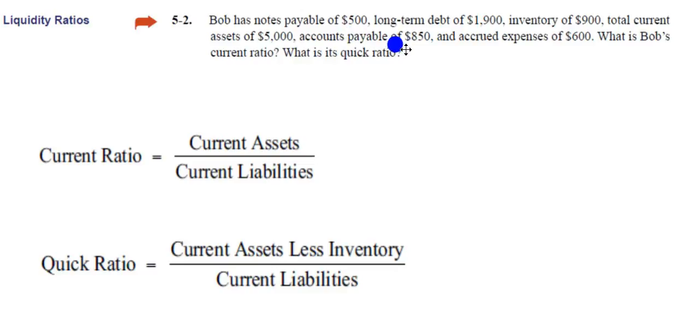So $500 plus $850 plus $600 are going to be the total of your current liabilities, and then you're simply going to divide current assets by current liabilities and get your current ratio, which hopefully should be a number over 1, because you want your current assets to be higher than your current liabilities. This ratio is not expressed as a percentage. It's just expressed like a 2.1, 2.2, something along those lines.